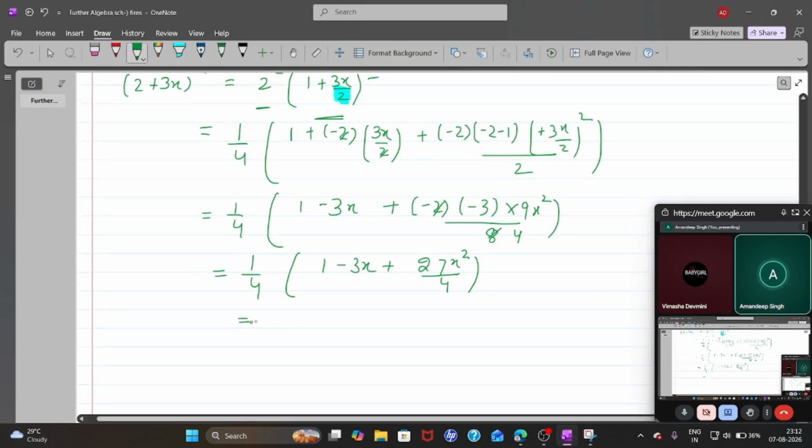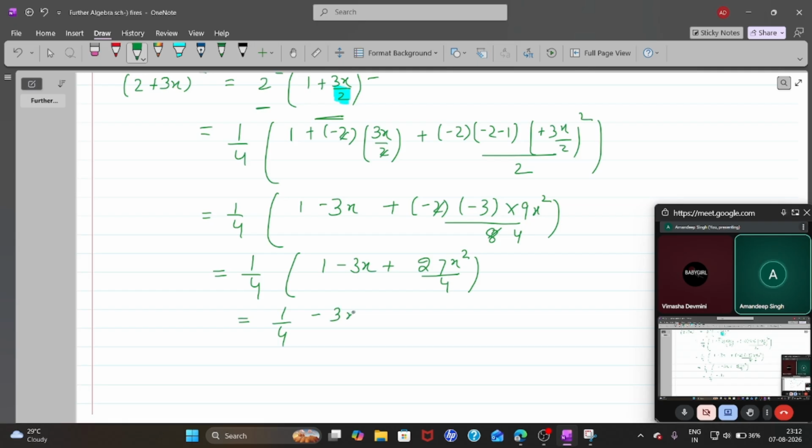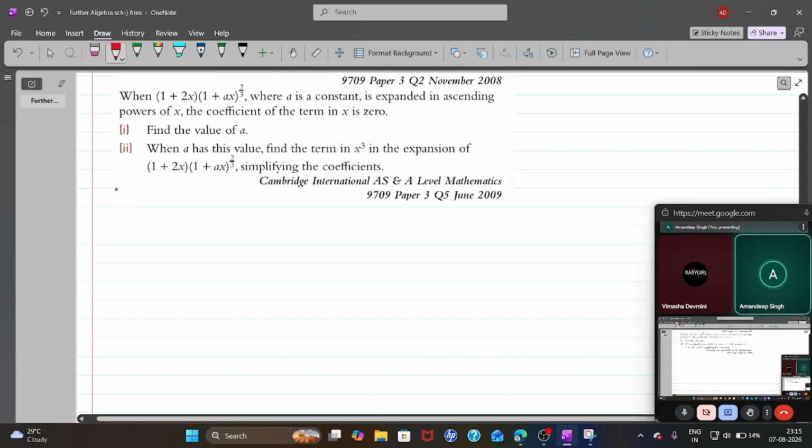So it is equal to 1 by 4 minus 3x by 4 plus 27x square by 16. So that's how we have to solve this question. I believe you understood. Yeah, I understood the approach to this question.